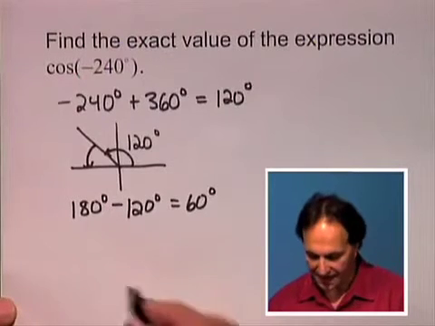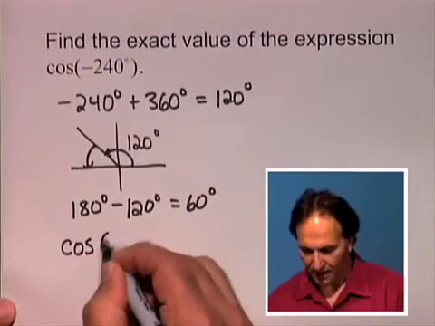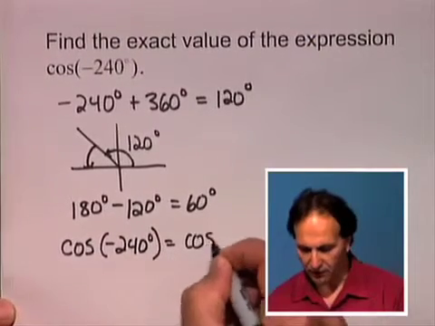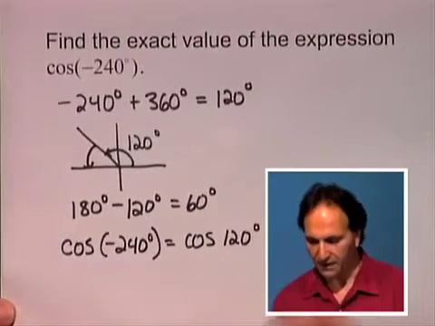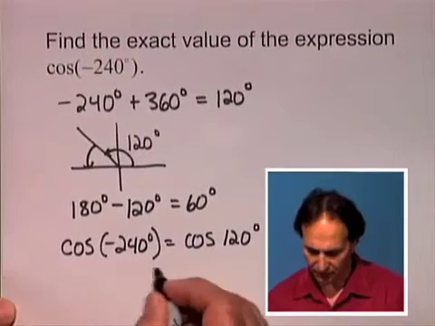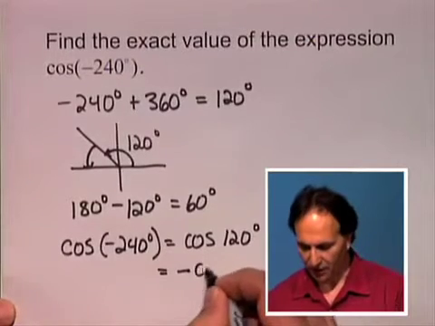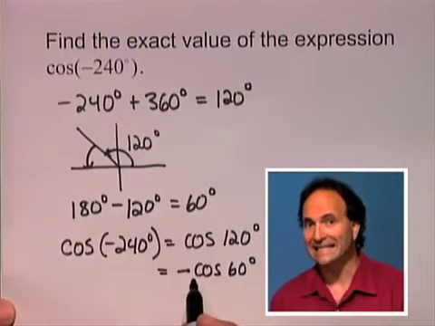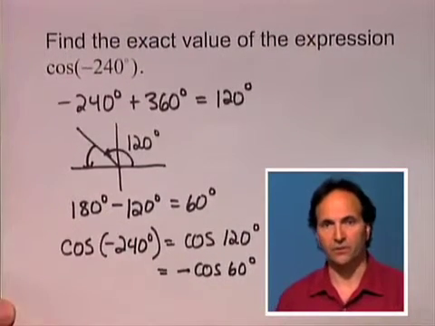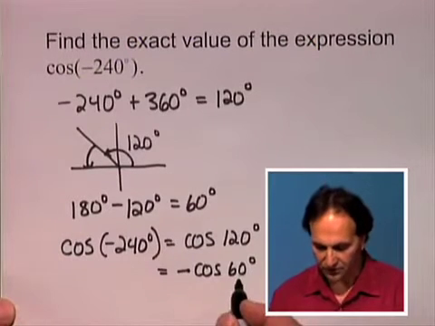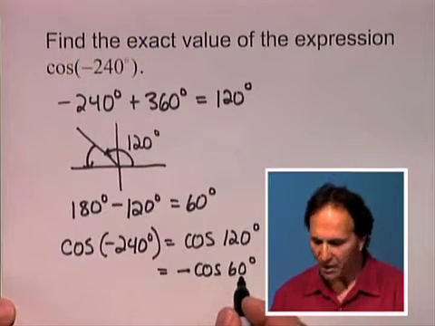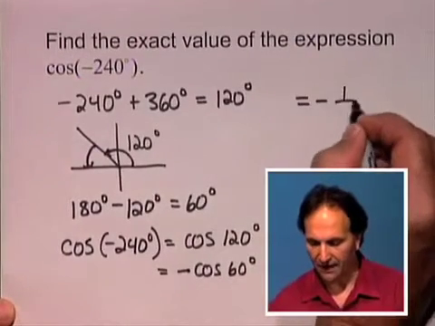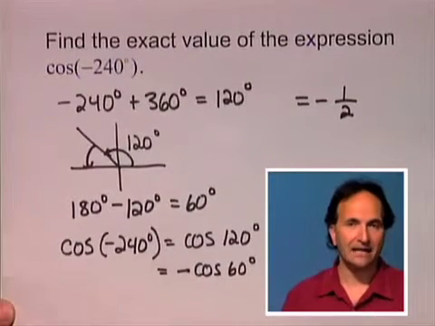What we then say is the cosine of -240 degrees is equal to the cosine of 120 degrees, and that's equal to negative the cosine of 60 degrees, because cosine is negative in quadrant 2. And now, for the cosine of 60 degrees, we know that that's equal to 1/2. So negative the cosine of 60 would be -1/2.